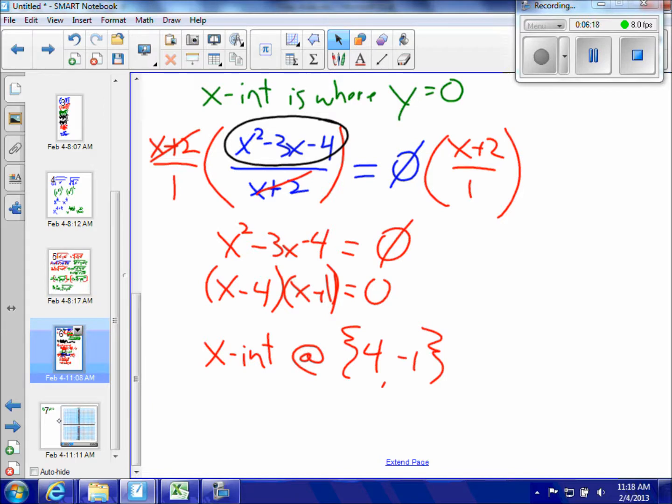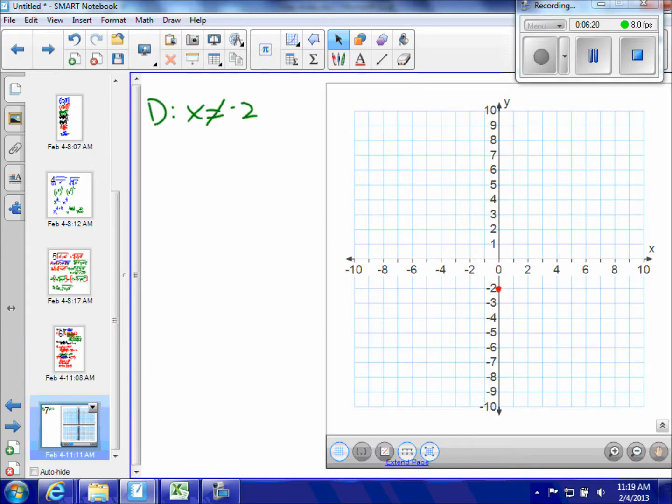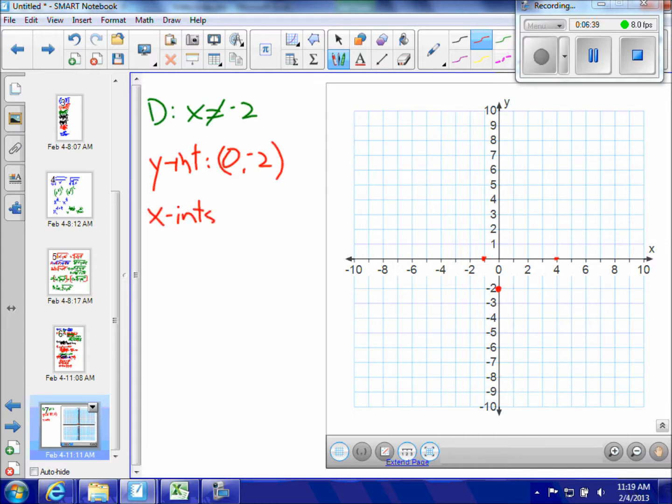Let's go to my graph and put those in. X-intercepts at 4 and at negative 1. Let's just write these down here. My y-intercept is at (0, negative 2), and my x-intercepts are at negative 1 and 4. Making some progress.